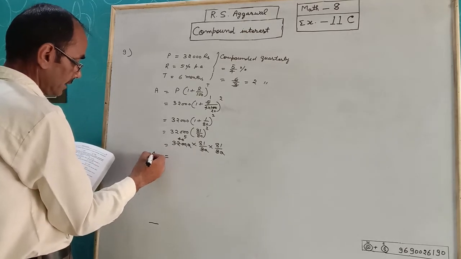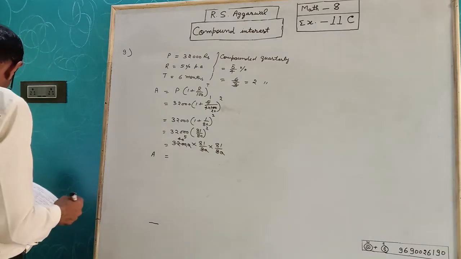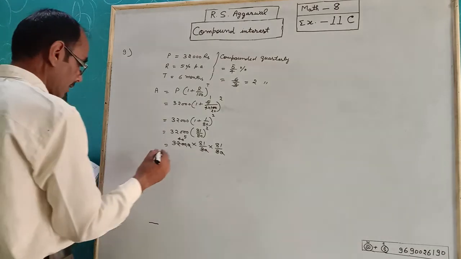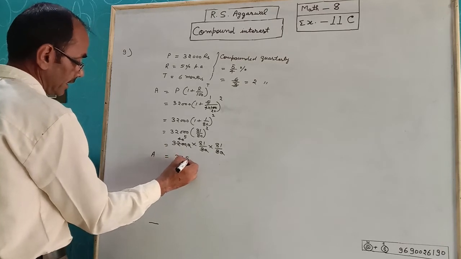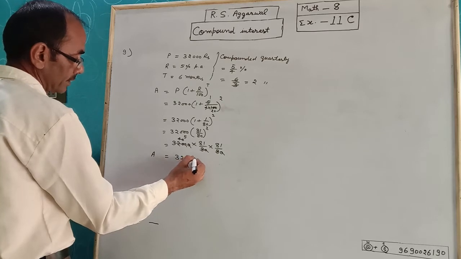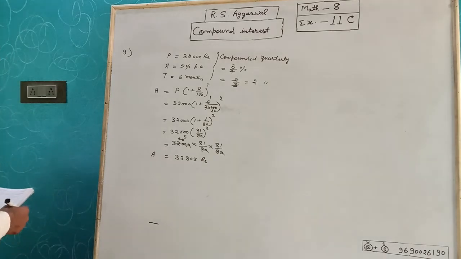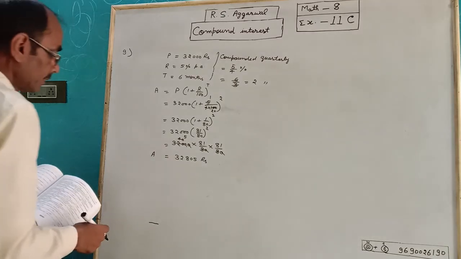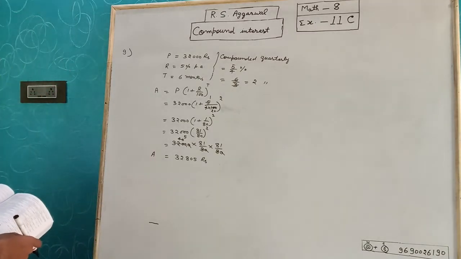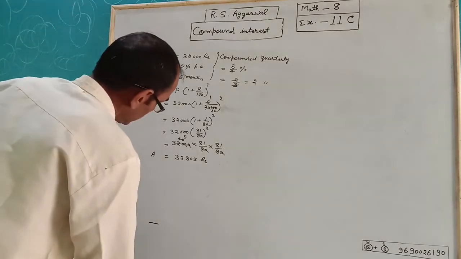After multiplying, A will be 32,805 rupees. Amount received after 6 months. Question number 9 is complete.